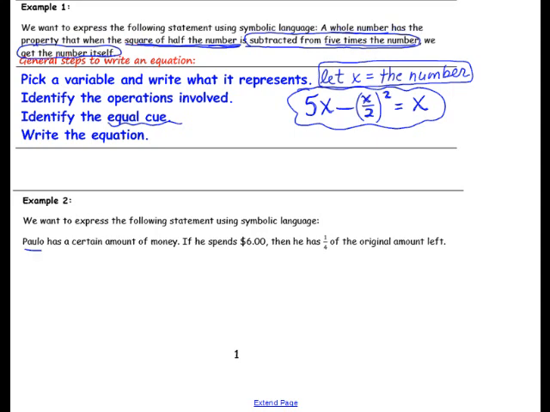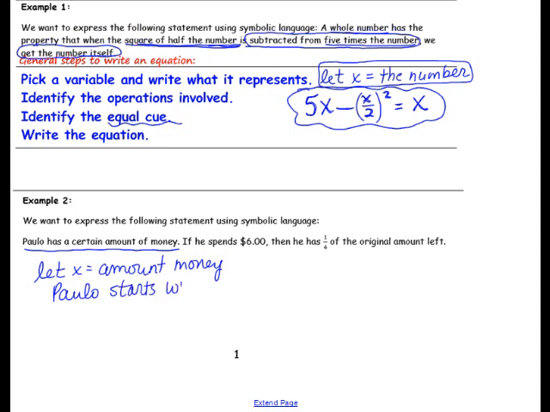We know that Paulo has a certain amount of money, but we don't know what it is. So let's let x equal the amount of money Paulo starts with. That is identifying the variable.